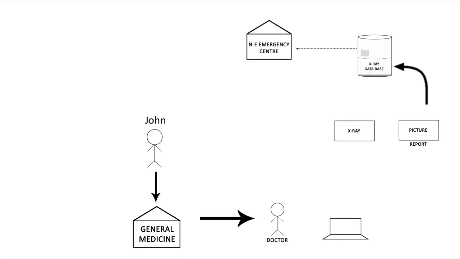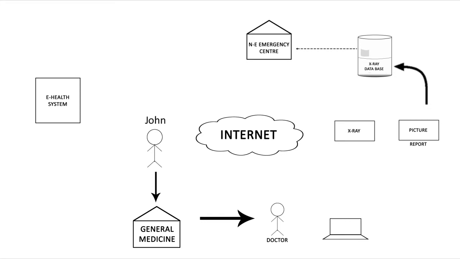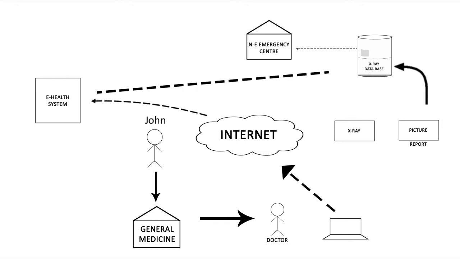And she's getting to this database through the internet. This is the internet connection. But first of all, to get this picture, she's visiting the so-called Estonian e-health system. The internet connects to the e-health system, and the e-health system gets in touch with the databases of the North Estonian Imaging Center.